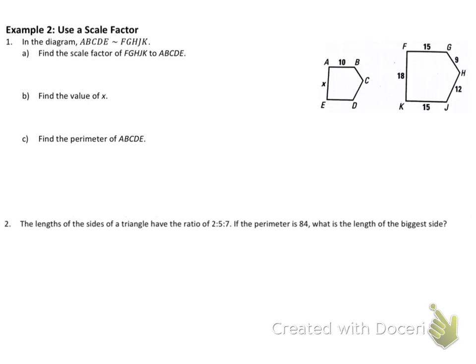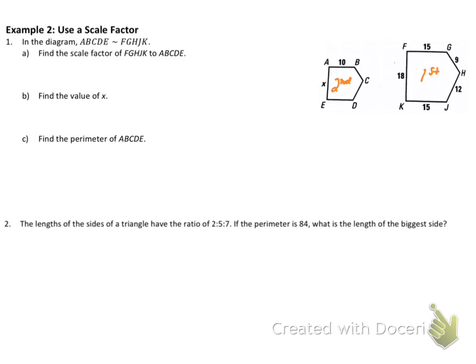Example 2. In this diagram, this five-sided figure ABCDE is similar to the five-sided figure FGHJK. So if I want to find the scale factor of FGHJK to ABCDE, what we need to do is match up corresponding side lengths with the big figure first. So this is going to be first, and that's going to be on the bottom.